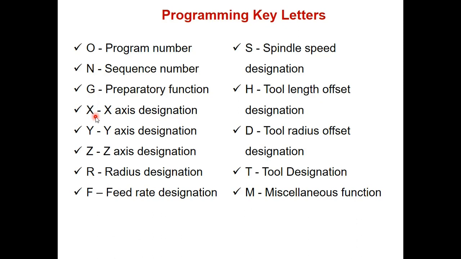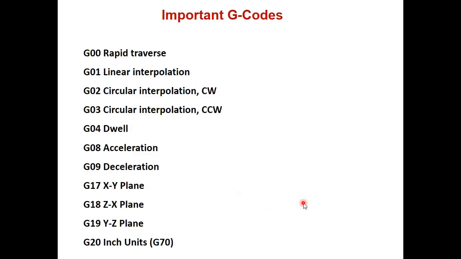X is for designation towards the X direction, Y towards the Y direction, Z towards the Z direction. R is the letter used for radius. F is used for feed rate. S is used for spindle. H is used for tool length offset designation. D is for tool radius offset designation. T is the tool designation. M is the miscellaneous functions.